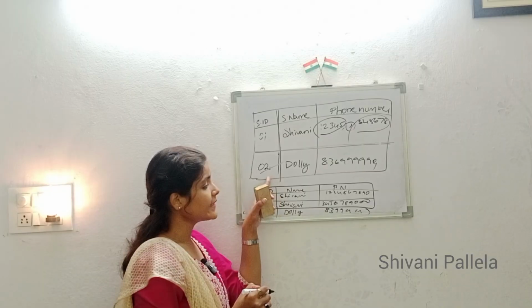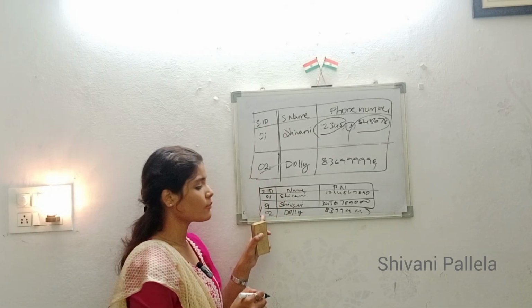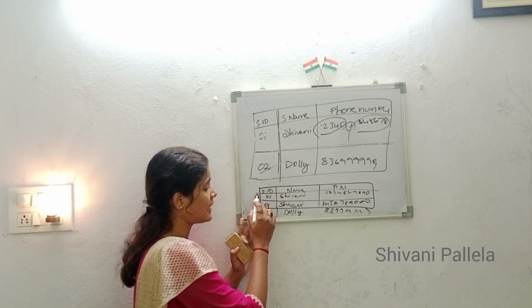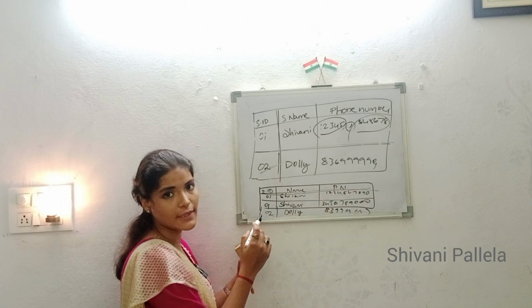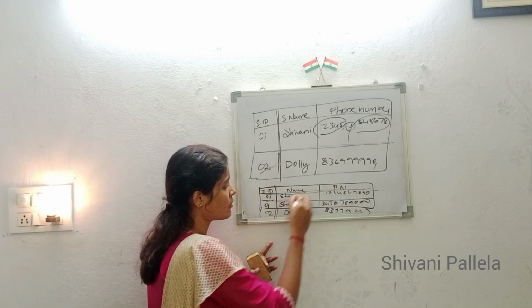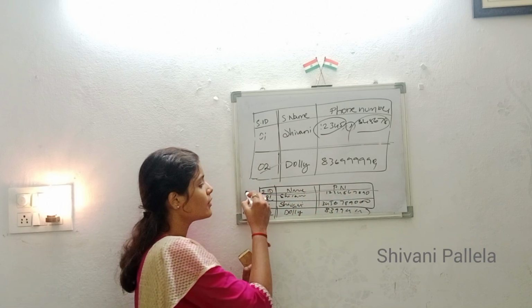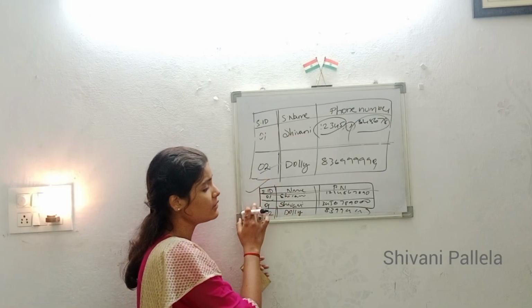After converting this table into first normal form, we will get it like this. Each row is unique, and each column is also unique.